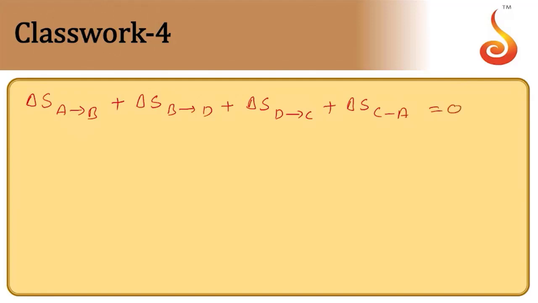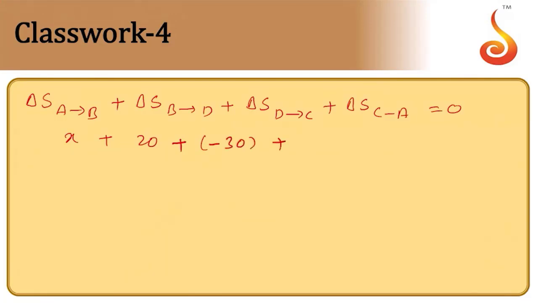Now the entropy change from A to B is asked. Let us take this value as X, plus the entropy change from B to D, which is given as 20 units, plus the entropy change from D to C. C to D is given, but we require D to C, therefore a minus sign will come here: minus 30, plus the entropy change from C to A.